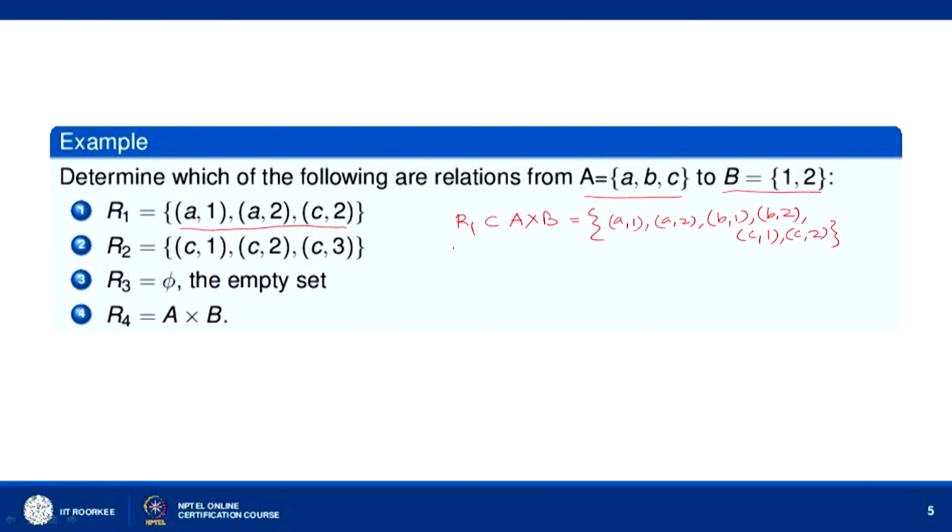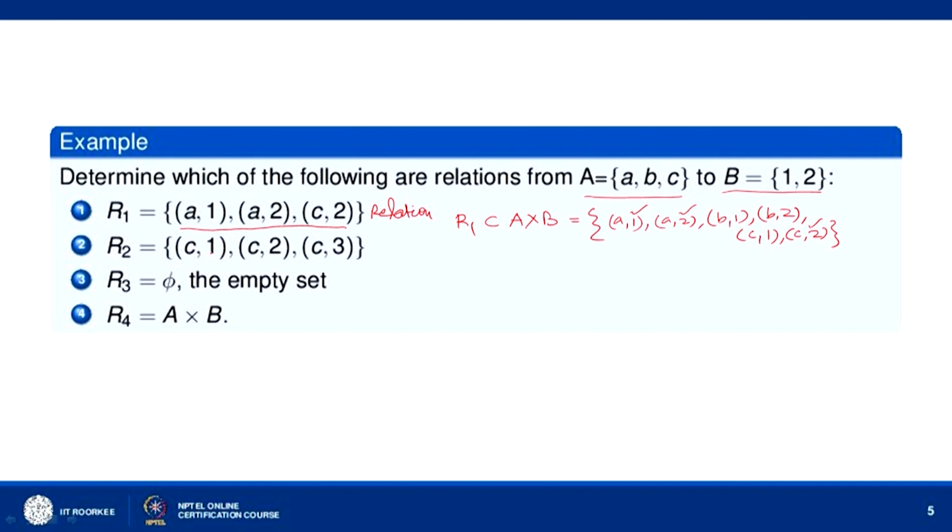So, R1 is a subset of A cross B because (a,1) is there in A cross B, (a,2) is there in A cross B and (c,2) is also there in A cross B. So, R1 defines a relation from A to B.